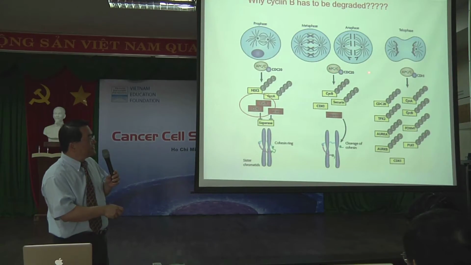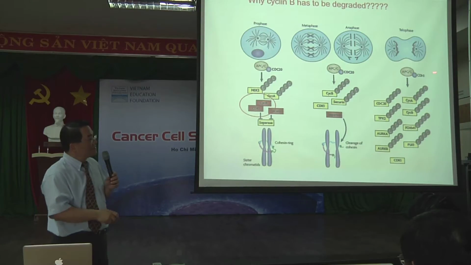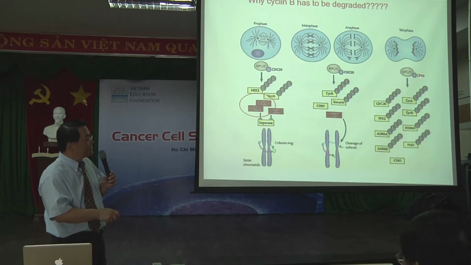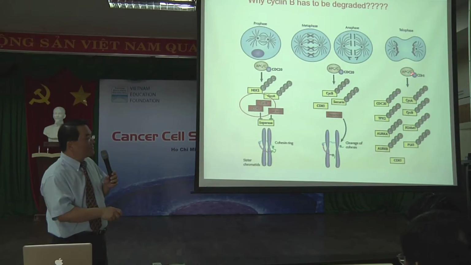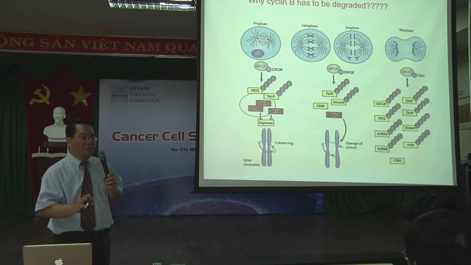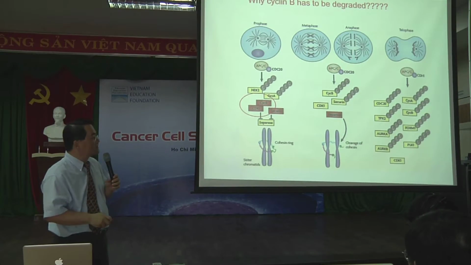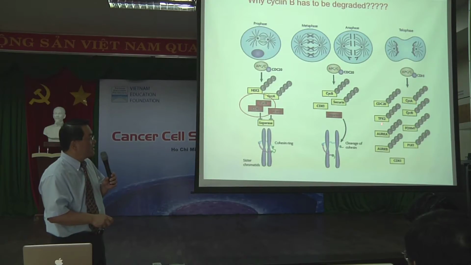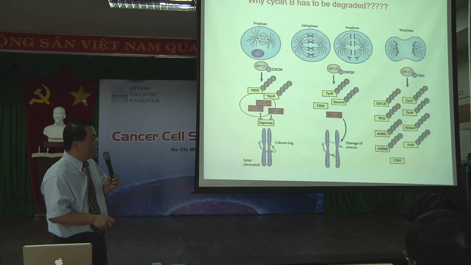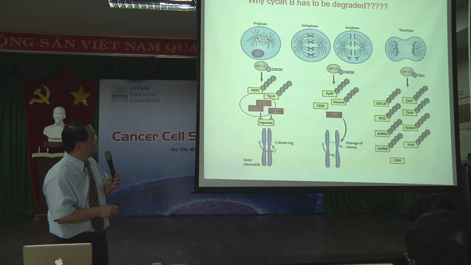But APC did not finish its job yet. It has another adapter called CDH1, which will be able to clean up all the proteins involved in mitosis, including Aurora A, Aurora B, PLK, and all these other proteins, including the previous adapter, CDC20.